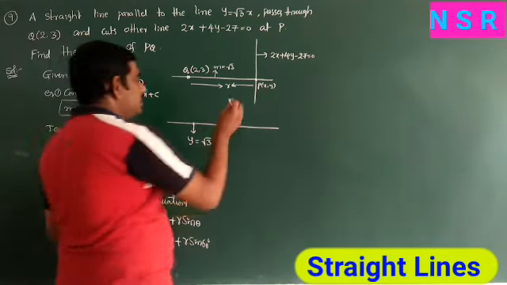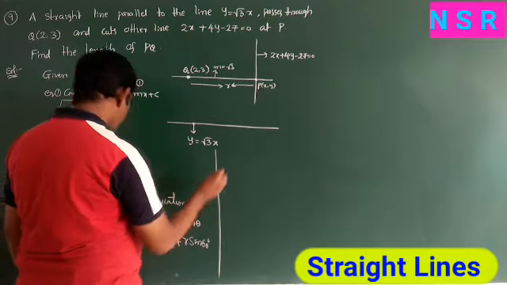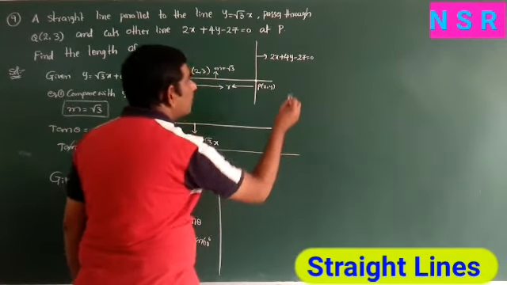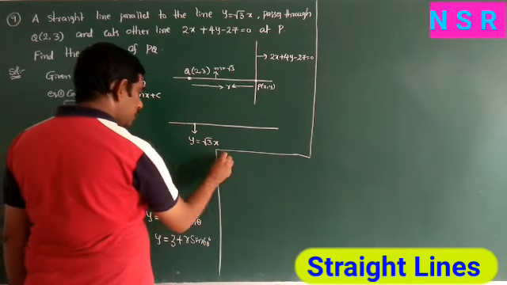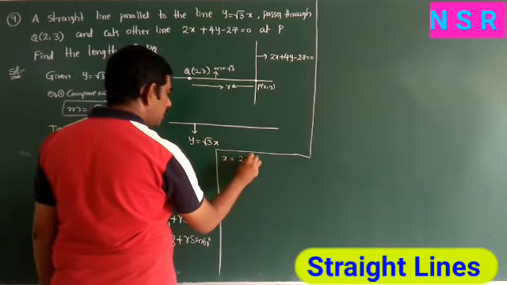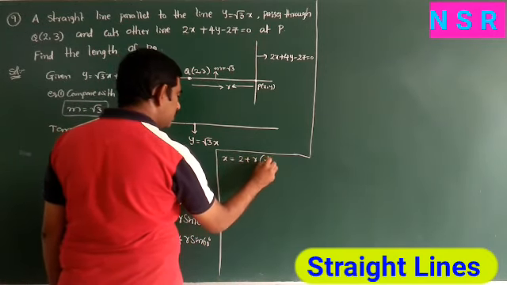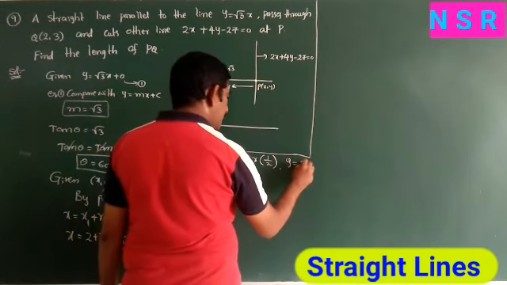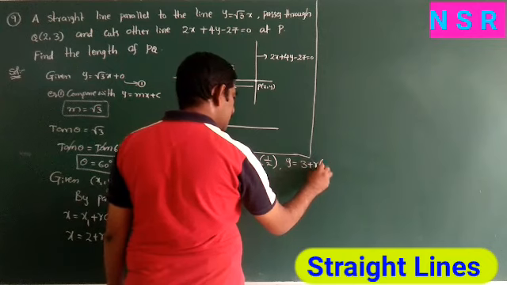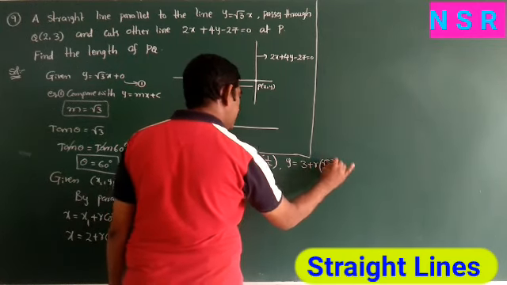So now x is equal to 2 plus r into cos 60, which is 1 by 2, and y equal to 3 plus r into sin 60, which is root 3 by 2.